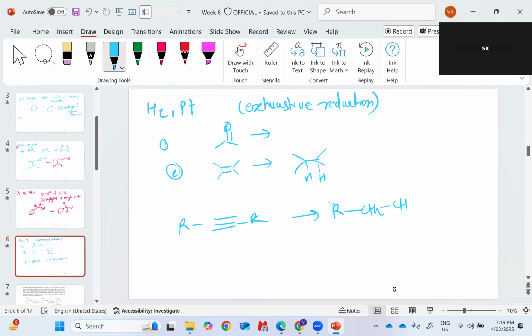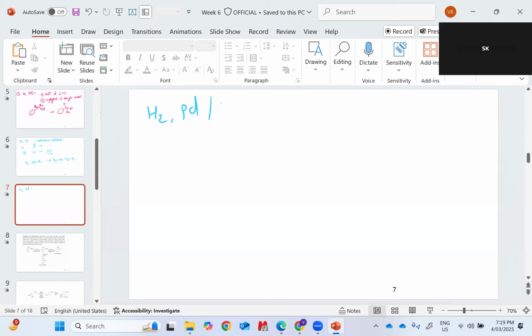Further, if we modify the reagent, not the reagent that we have seen earlier, I will just show you. If we have a reagent combination of H2 and palladium supported on CaCO3, and lead acetate, this reagent is called Lindlar's reagent.